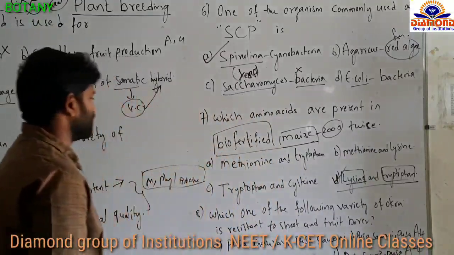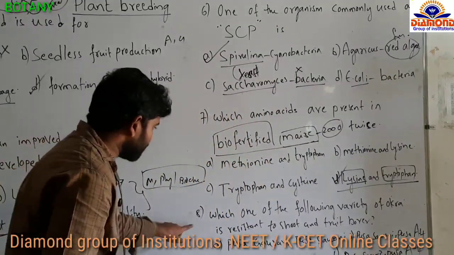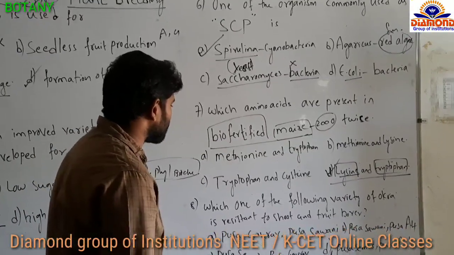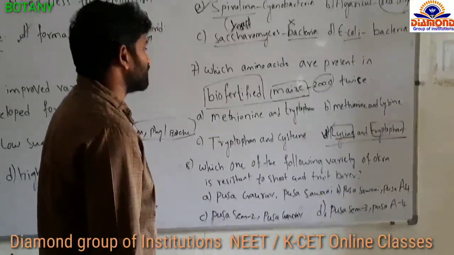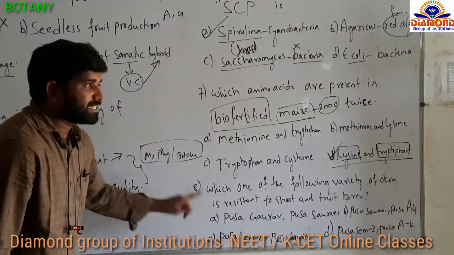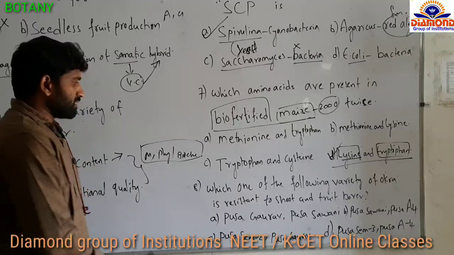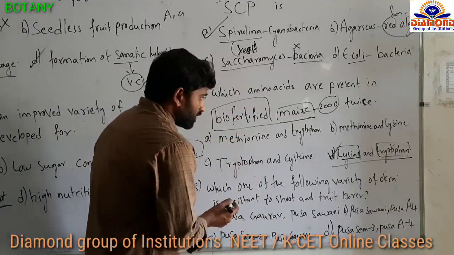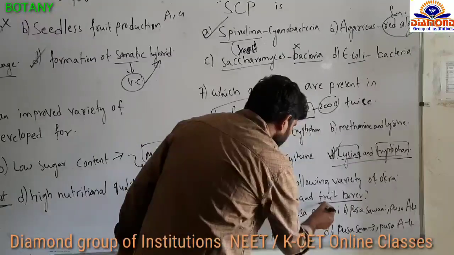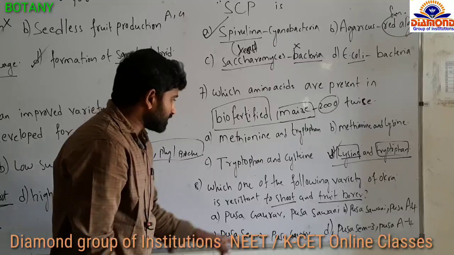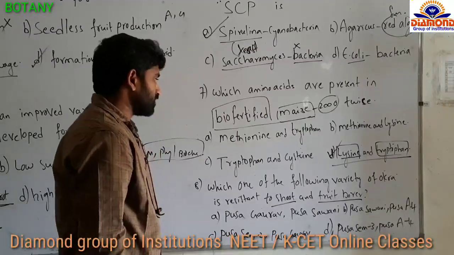And next one, 8. Which one of the following varieties of okra is resistant to shoot and fruit borer? So it is an insect resistant variety of okra. Some of the okra is resistant to the fruit borer and shoot borer. Which variety of the okra is resistant to the fruit and shoot borer?